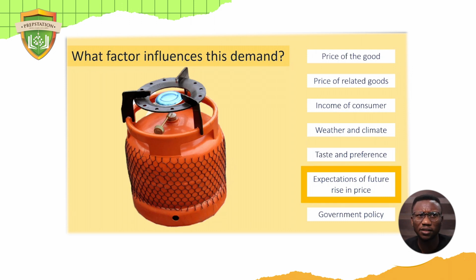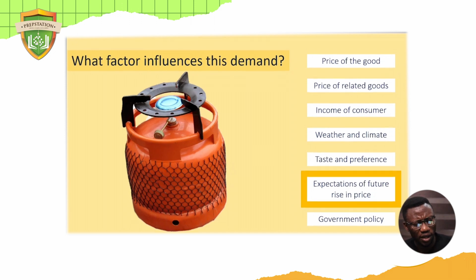The gas price has been increasing for some months now. And when people expect it to increase, they want to buy more of that product at the moment. If they feel the price will go down tomorrow, they might want to wait till tomorrow to buy it. When I say tomorrow, I'm not saying the next day, I'm saying soon.